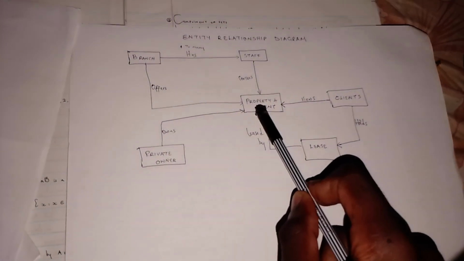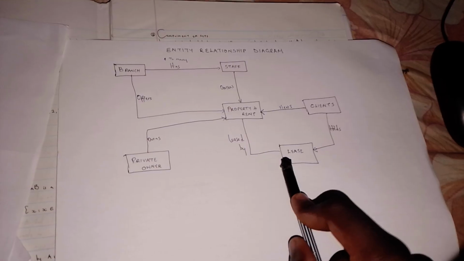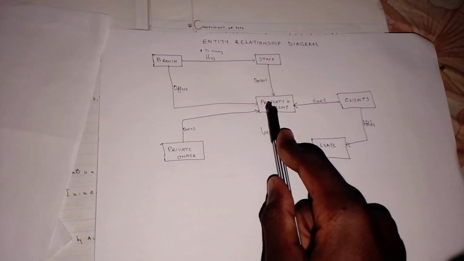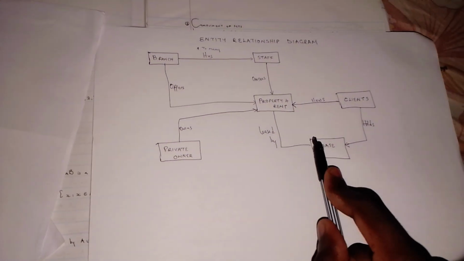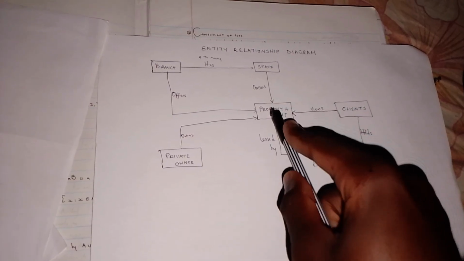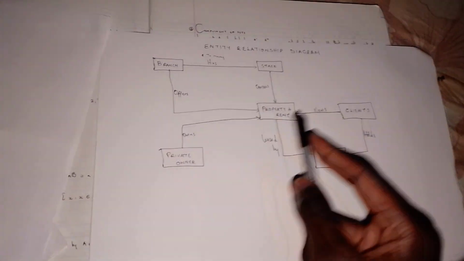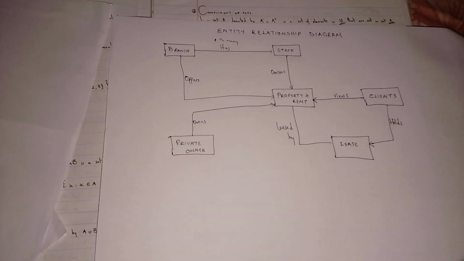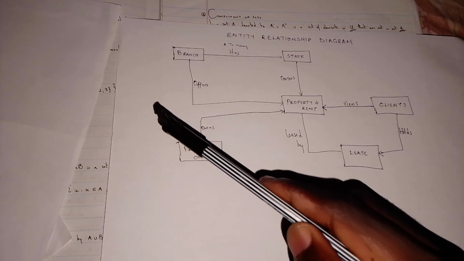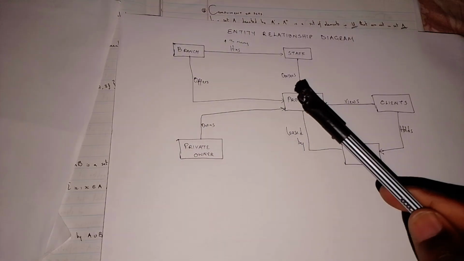Then the properties are leased by one lease at a time, but can have many leases over time. Then these properties can be owned by private owners or no owners.